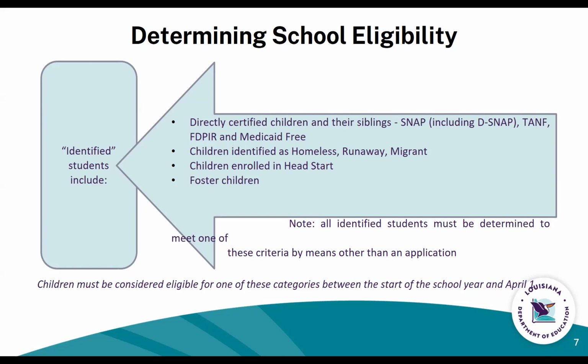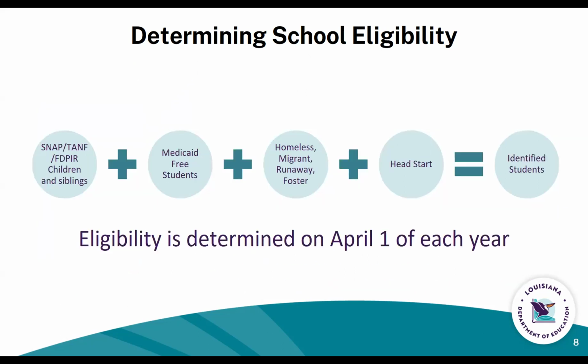Please note that children must be considered eligible for one of these categories between the start of the school year and April 1st. That's the file that comes out in April with March data. So again, all children that fall into these categories are what we refer to as identified students.